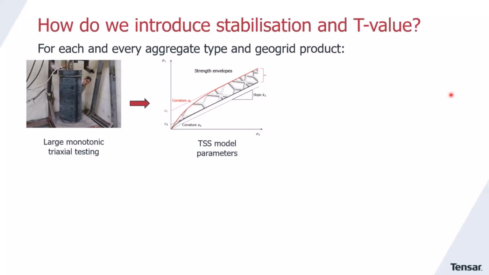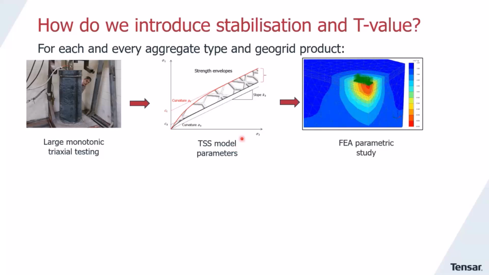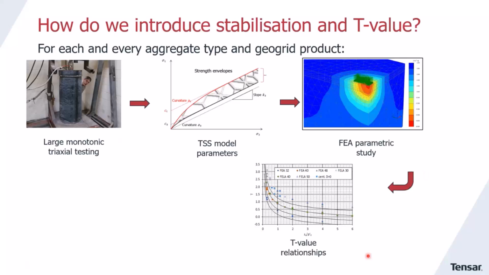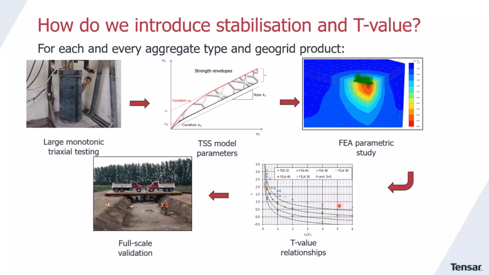We derive a Tensar stabilized soil model, which we can use in finite element parametric studies to derive the transfer efficiency curves and implement in our analytical methodology. And finally, everything needs to be full-scale tested and validated that the methodology is reliable.